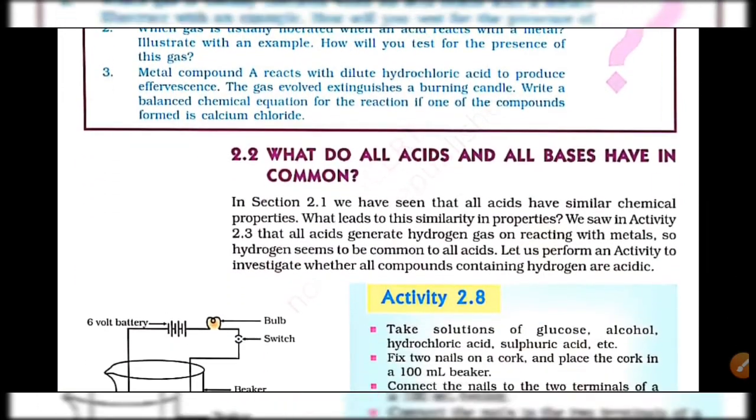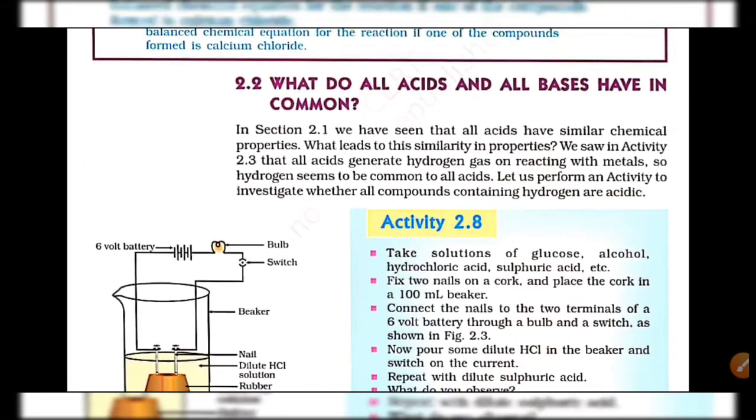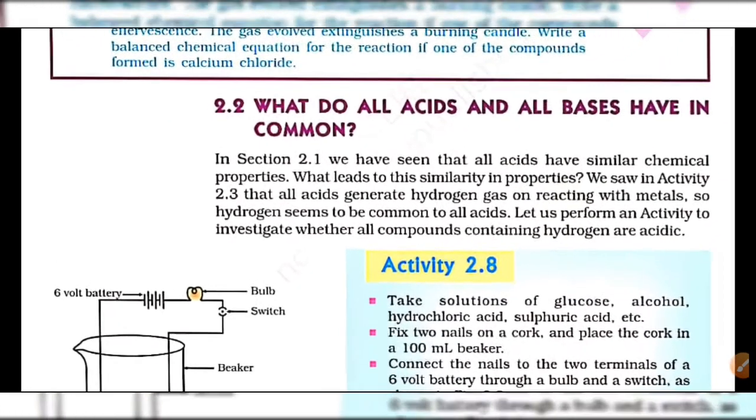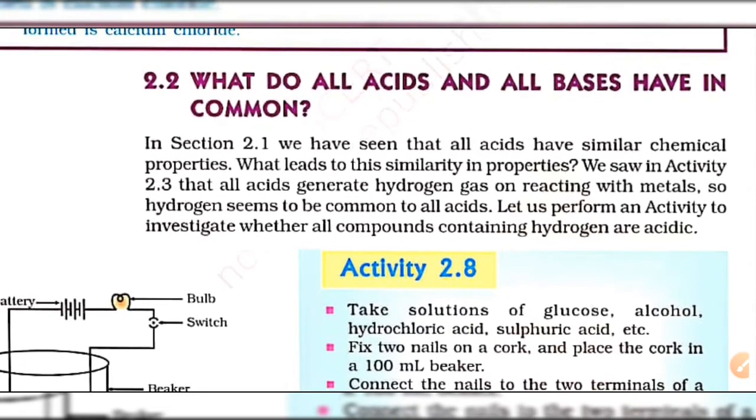Next point is, what do all acids and all bases have in common? Here you can see in section 2.1, we have seen that all acids have similar chemical properties.